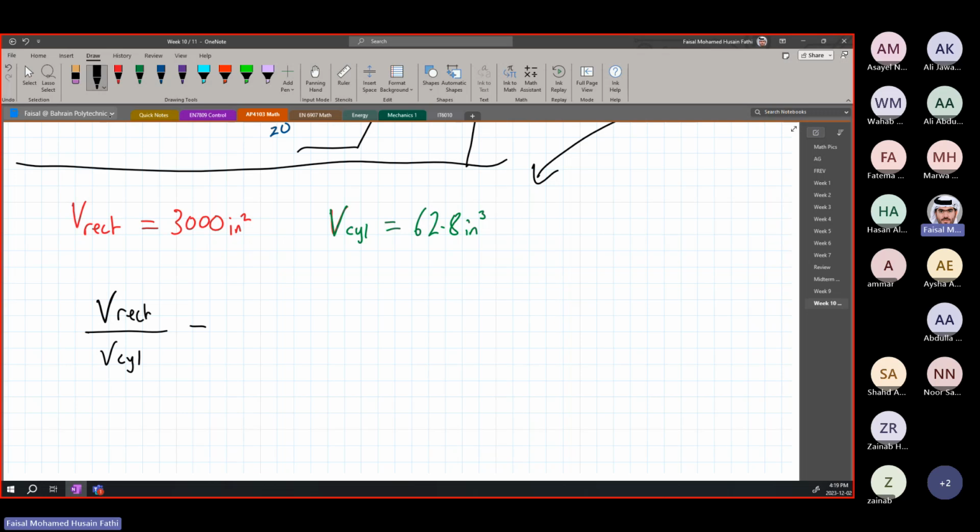So 3000 divided by 62.8 inch cubed. Put it in the calculator: 3000 divided by 62.8, and the answer is 47.7707. What is this answer?